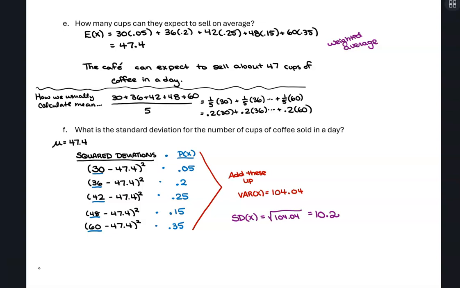All right, interpretation. Let's talk about how we would interpret this. And what I'm actually going to do is take this and go back up above to our sentence where I said the cafe can expect to sell about 47 cups of coffee in a day. And the standard deviation tells me how we expect that to change on average.